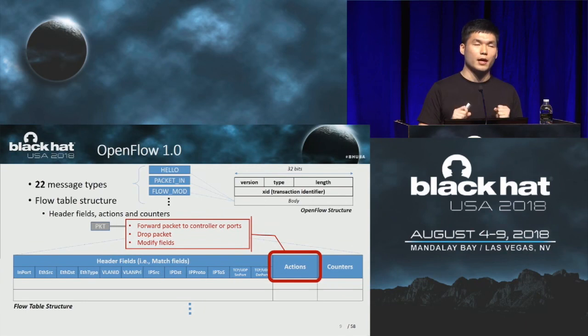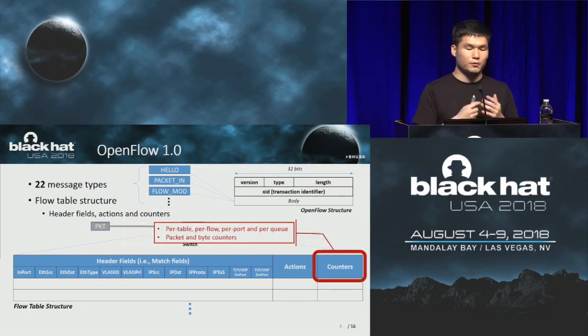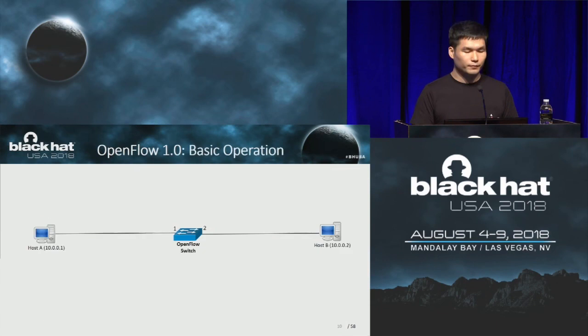For instance, the switch can forward the packet to another port or modify the header fields. After those actions are executed, the switch increases the counters of the flow rule, such as packet counts or byte counts. Those counters can be used to analyze the flow statistics from the controller later.